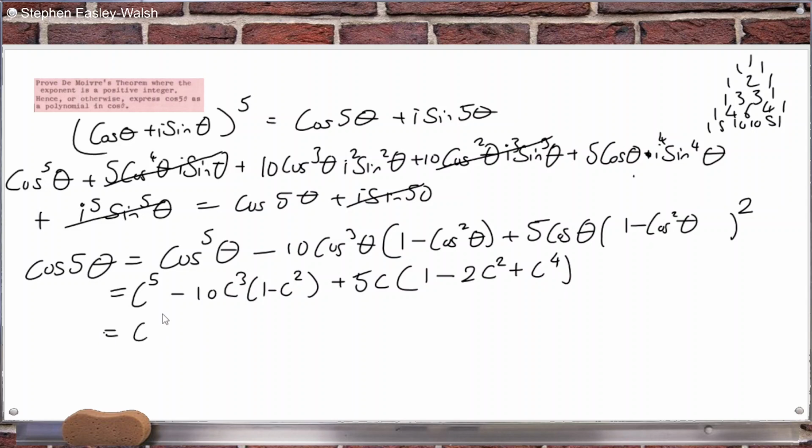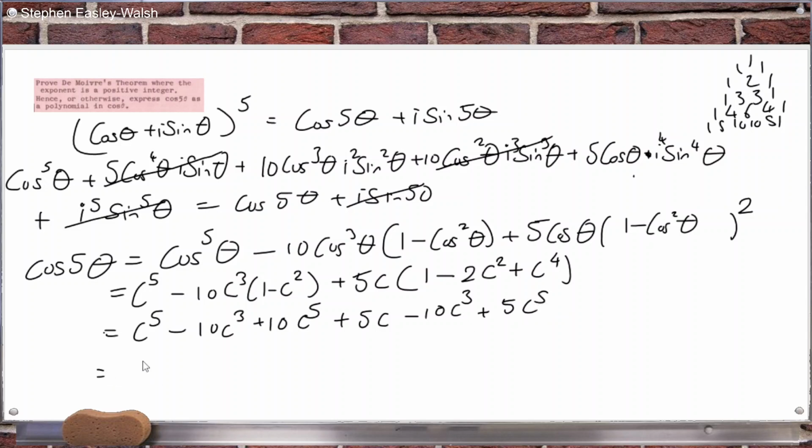So that will equal cos to the power 5 minus 10 cos cubed plus 10 cos to the power 5 plus 5 cos minus 10 cos cubed plus 5 cos to the power 5.